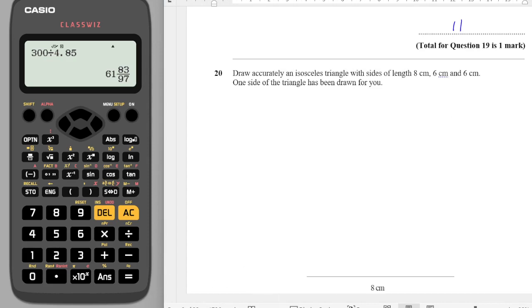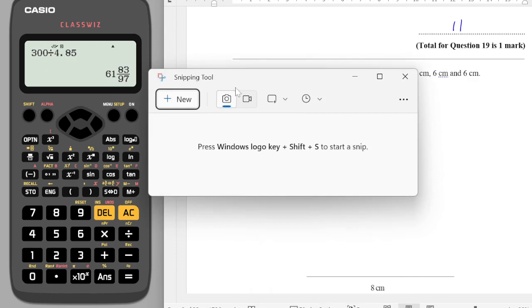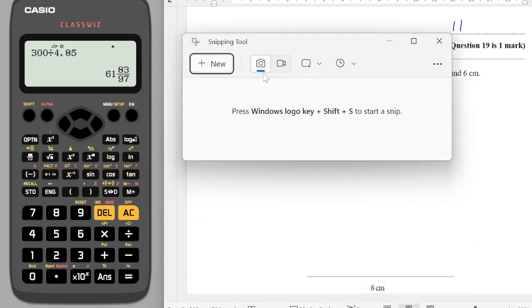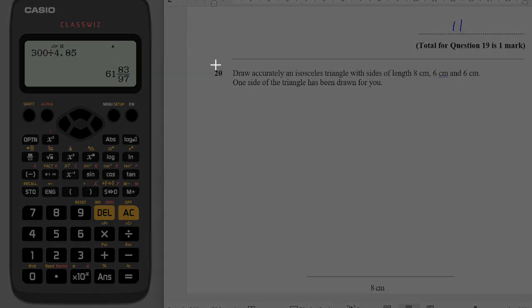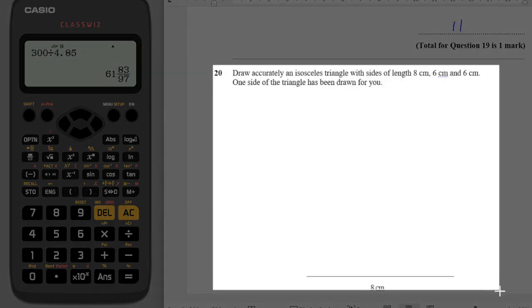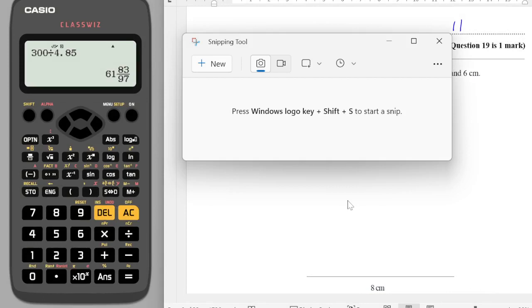Okay, for question 20, we've got to draw an accurate drawing of an isosceles triangle. I'm going to use my snipping tool just to help me explain how I would do this. So if I just take this to another sheet, it will make it easier for me to set this out.